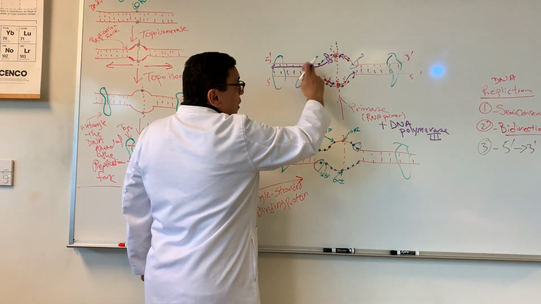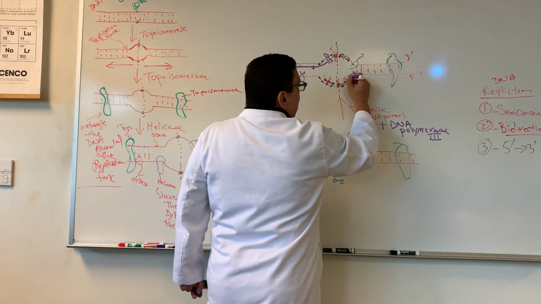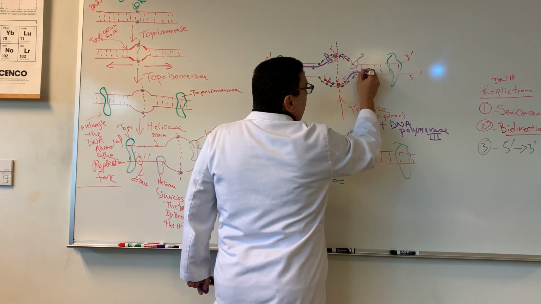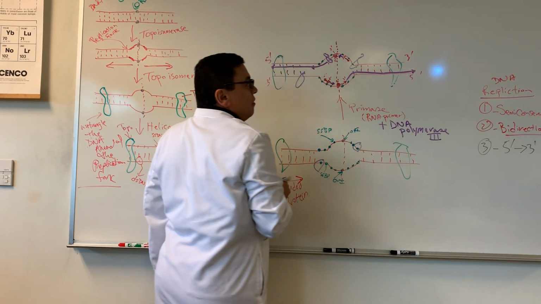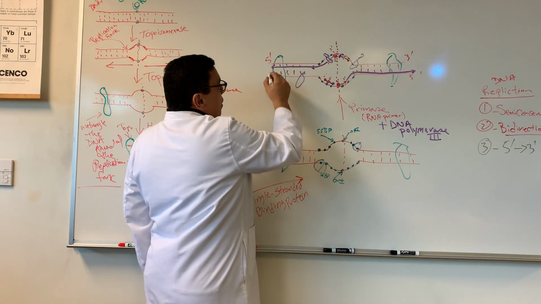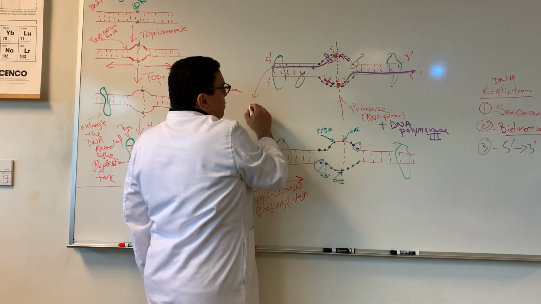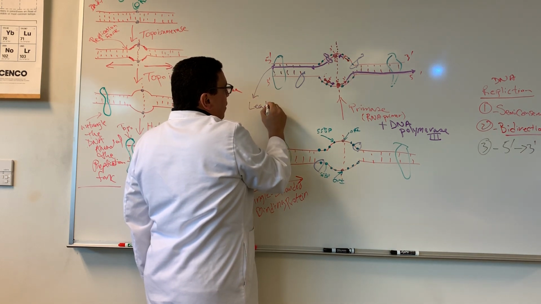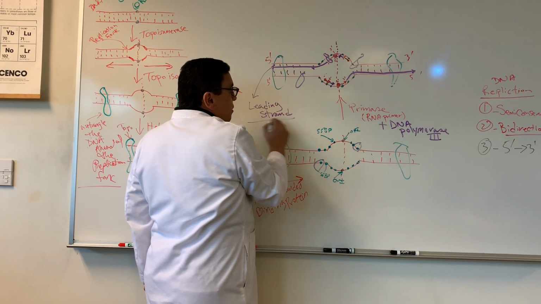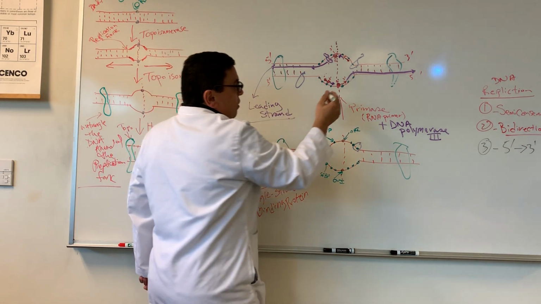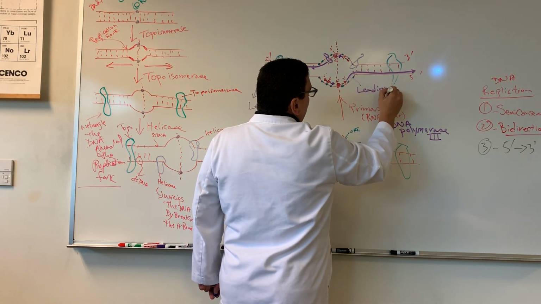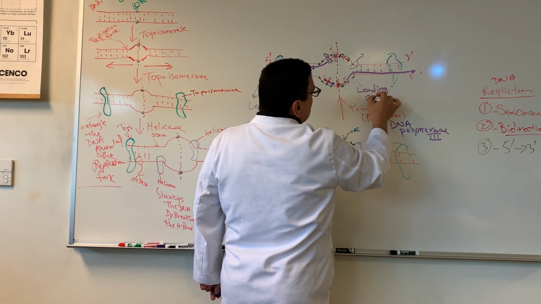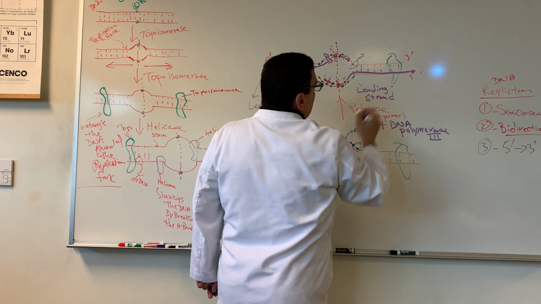On this one and this one, it can afford to go all the way through until it reaches the end. This strand is called the leading strand. The characteristic about this strand, and the same with this one, that's also the leading strand. There's 2 leading strands, one for each one, going in opposite directions, like we said before.